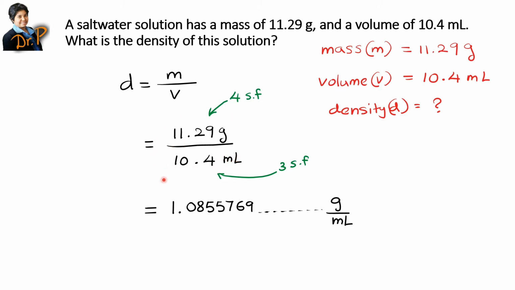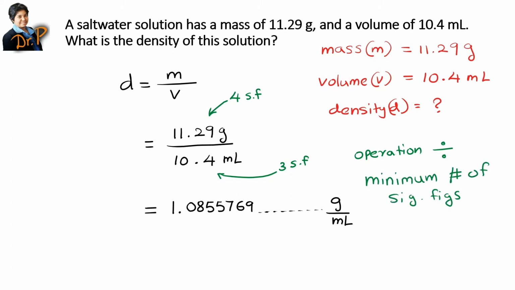Now look at what kind of mathematical operation we have done here. What we have done is division. So when we divide, you know what we have to do with the significant figures. When we do a division, the number of significant figures in our final answer should match the minimum number of significant figures that were in our actual calculation.